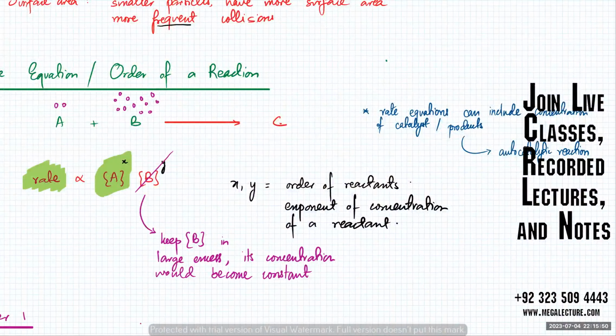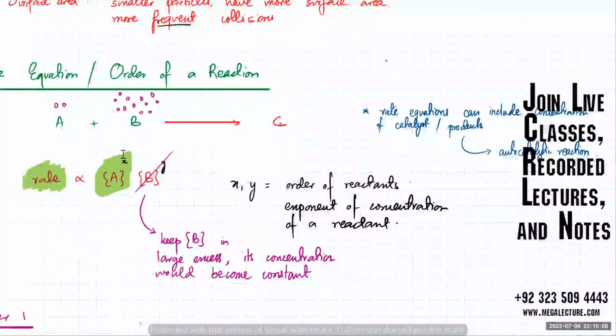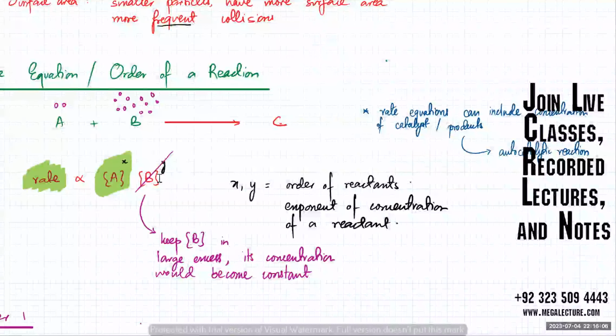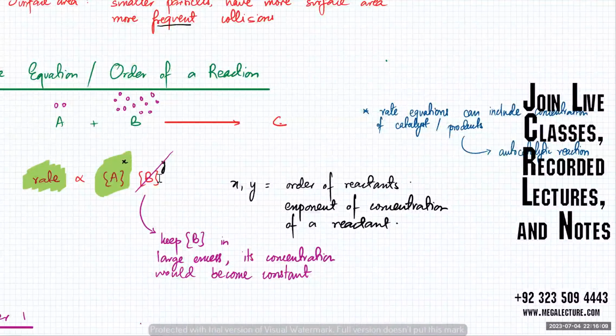And then I explained to you that rate normally is dependent on your reactants, right? So if you want to just investigate rate with respect to one reactant and its relationship, you want the other reactant's concentration to be constant, which is not constant throughout the reaction. So what you do is that you keep it in large excess.